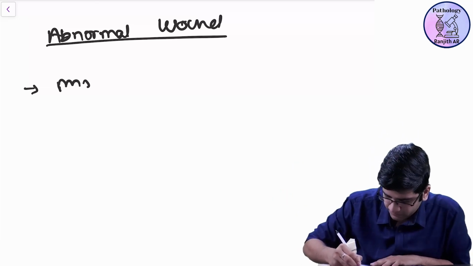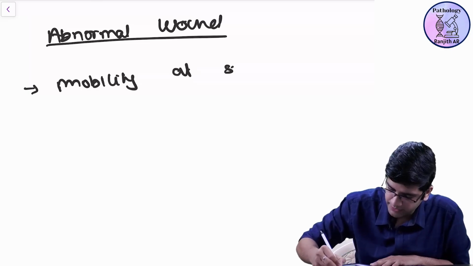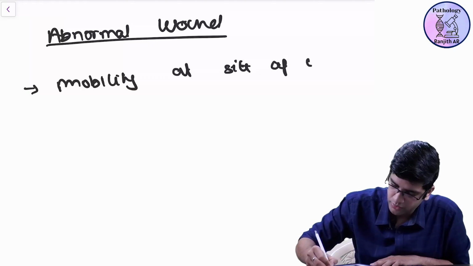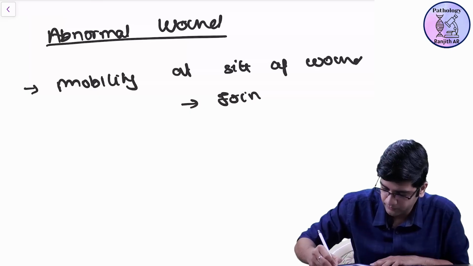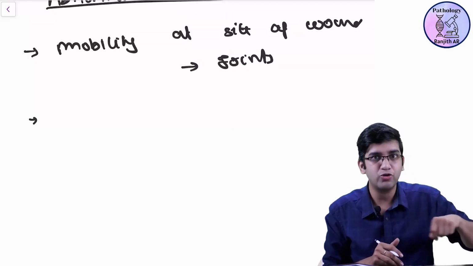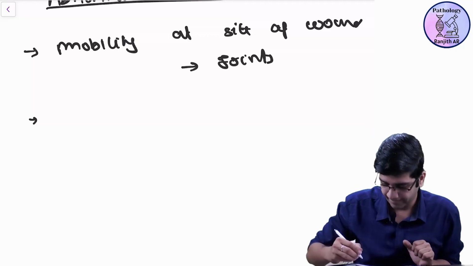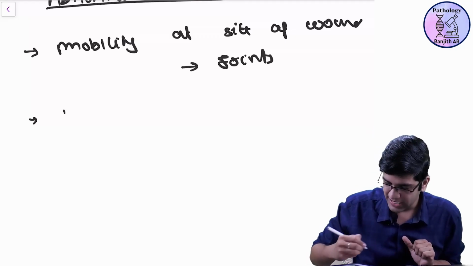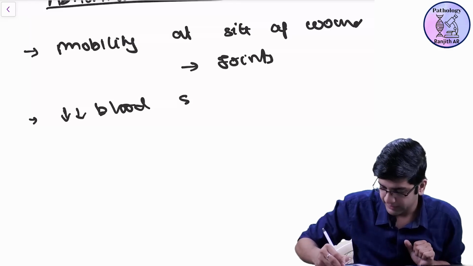So mobility at the site of the wound will disturb it, which means around joints, a wound will be a problem. Second, your mom would also have said, if you get a wound around the knee, it's difficult to heal. Simple reason. Science.